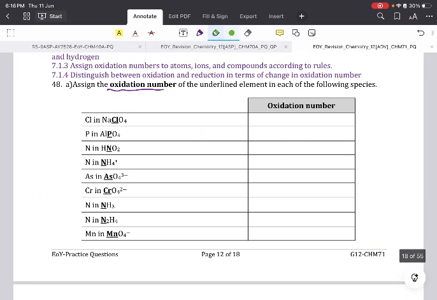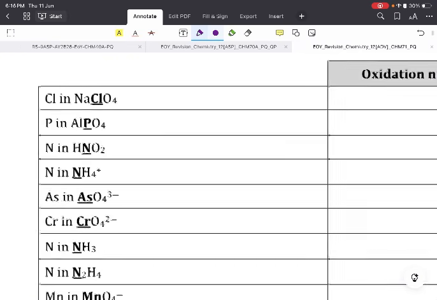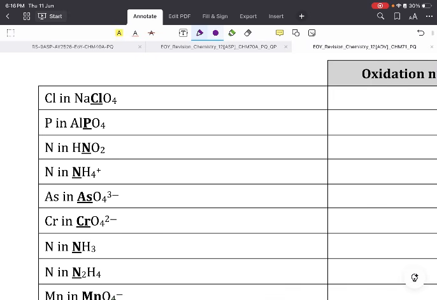Okay. Determine the oxidation number, or assign the oxidation number of the underlined element in each of the following species. Now, they want us to calculate the oxidation number of Cl. Now, if Cl is on the right side, I would go to the periodic table and assign Cl a -1. But Cl is in the middle.